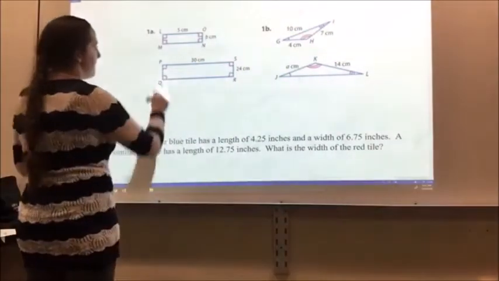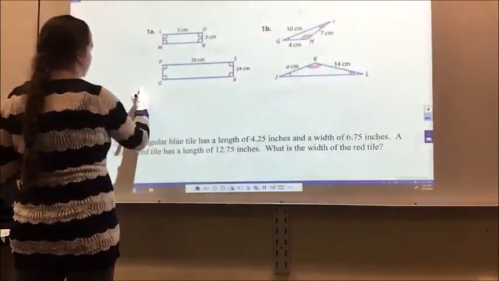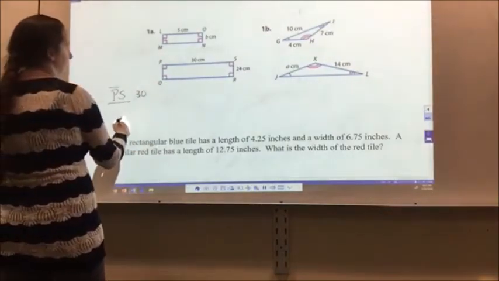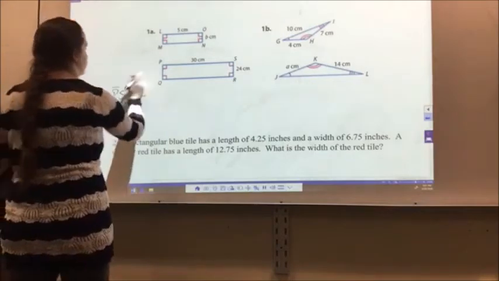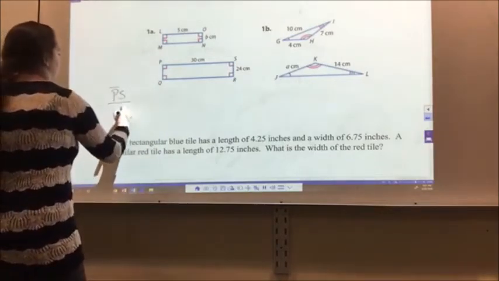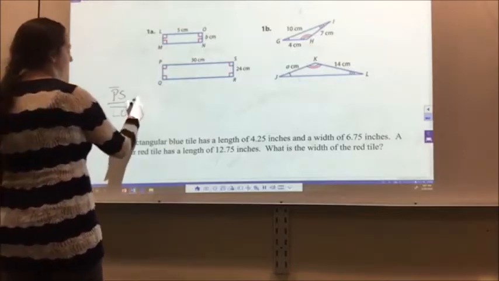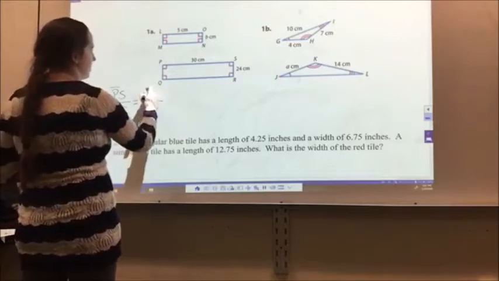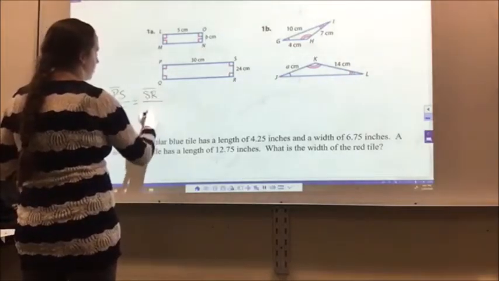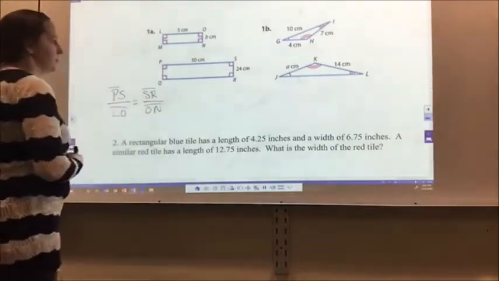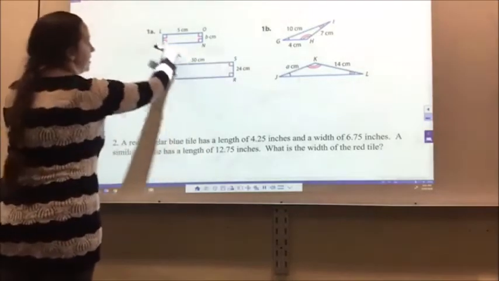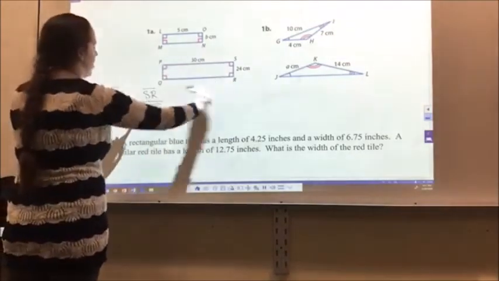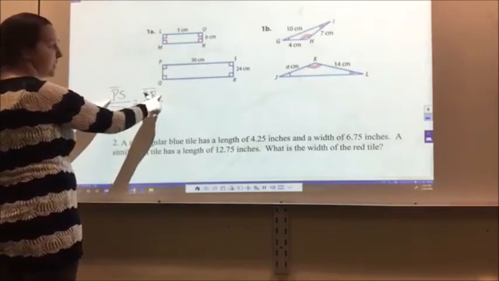So PS, which is 30, over LO, okay, and that's going to be equal to SR over ON, okay? So I did PS, which is right here, LO, and then SR, because I used PS, so I have to have SR on the top, and then ON.